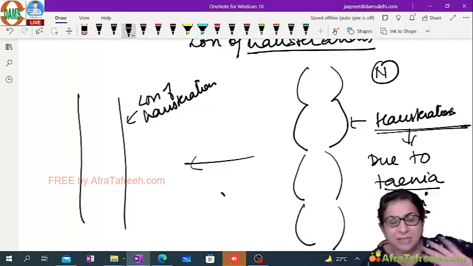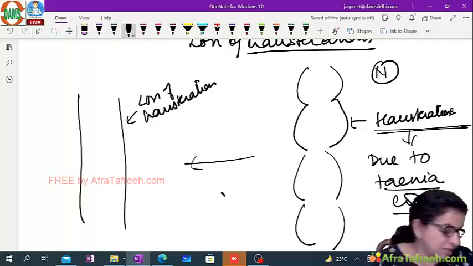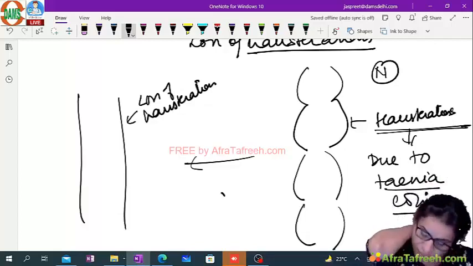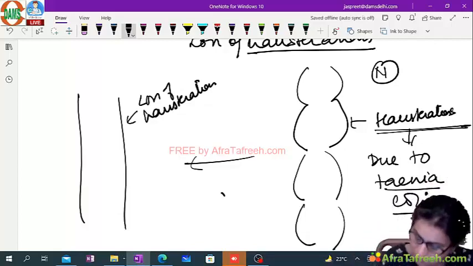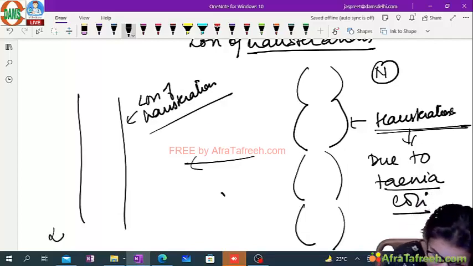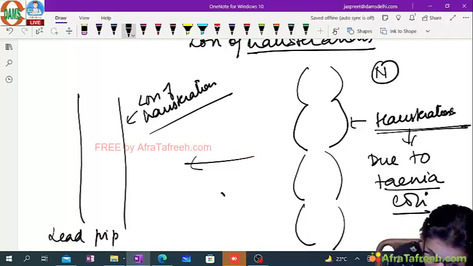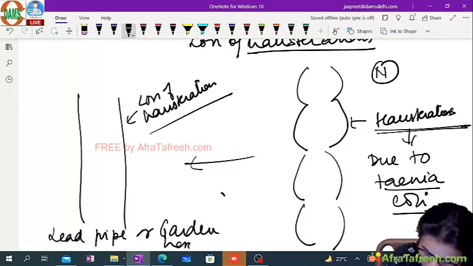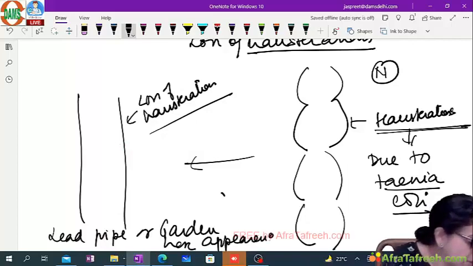So on radiology, what will you see in ulcerative colitis? We will see loss of haustrations, which produces what you call lead pipe or garden hose appearance.